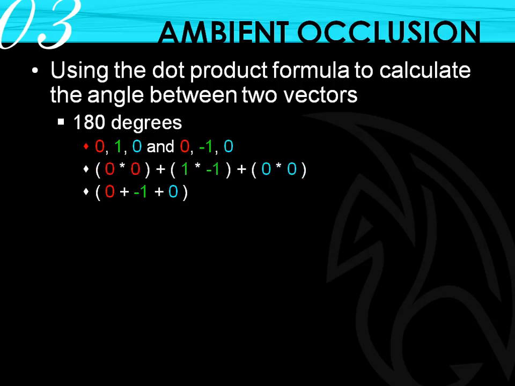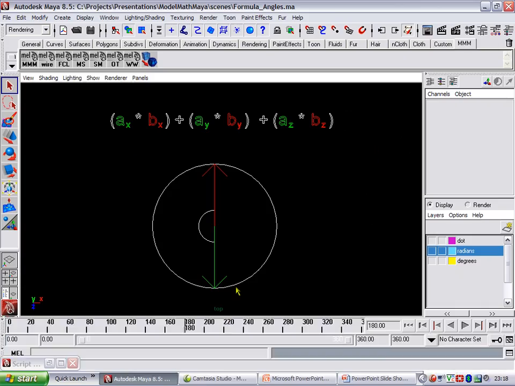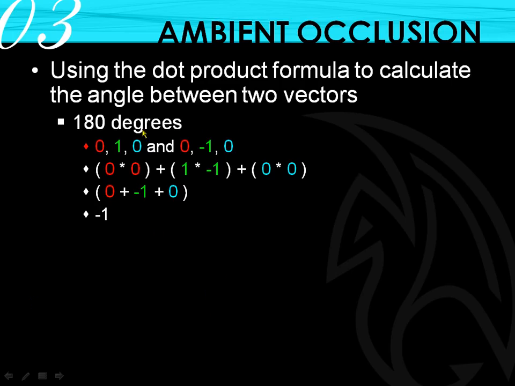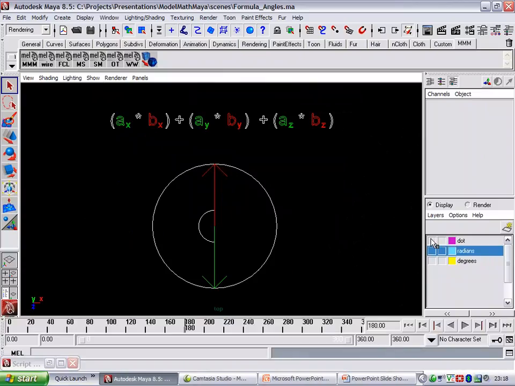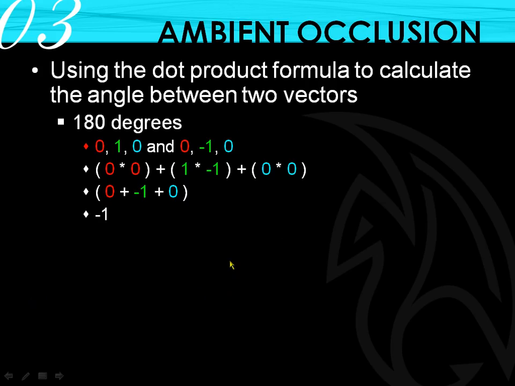And that would result in 0 plus -1 plus 0, which means that if you have 2 vectors that are 180 degrees, or rather parallel to each other, the result of a dot product of those 2 vectors is -1. So let's put this dot product chart up here, and you can see that the green arrow is what we're following in this case. It's pointing to the -1.